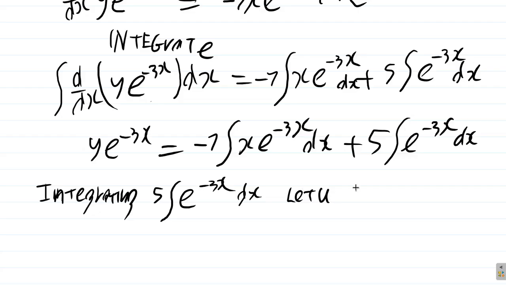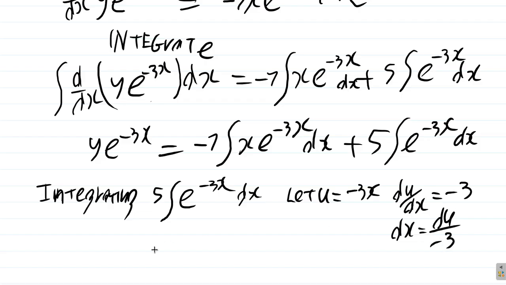Let u be equal to negative 3x. And du by dx would be negative 3. So dx would be du over negative 3. What happened here now is that you have 5 integral of e to the u, because u is negative 3x, e to the u dx, but dx is du over negative 3.